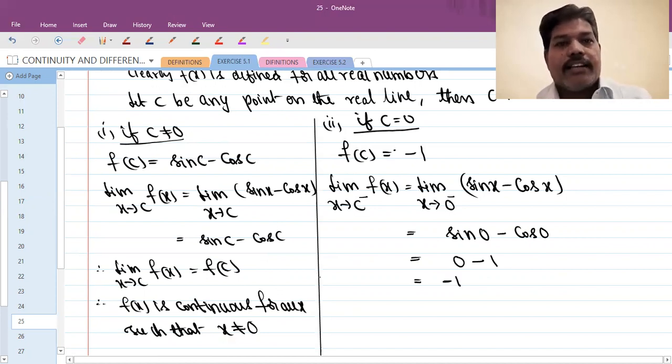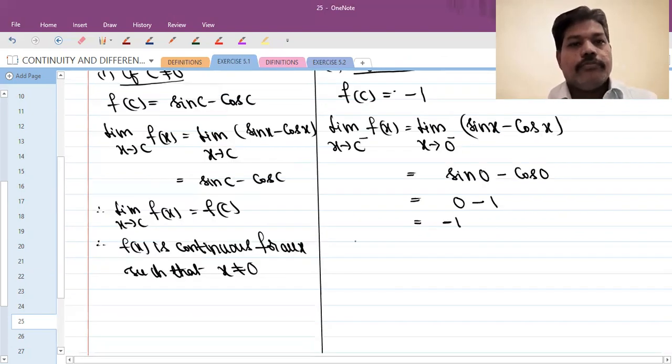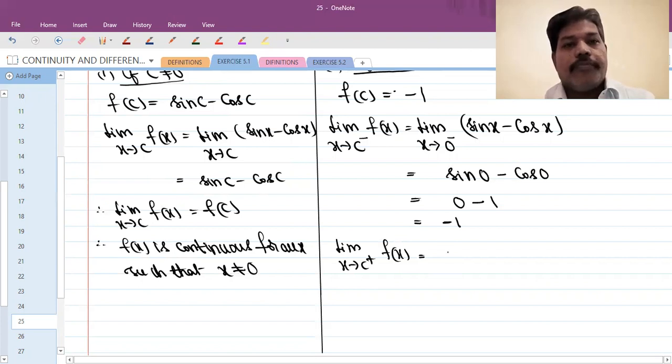Similarly, you can calculate the limit as x extends to c plus of f of x. What happens, students? The limit as x extends to c plus of f of x is equal to the limit as x extends to 0 plus.